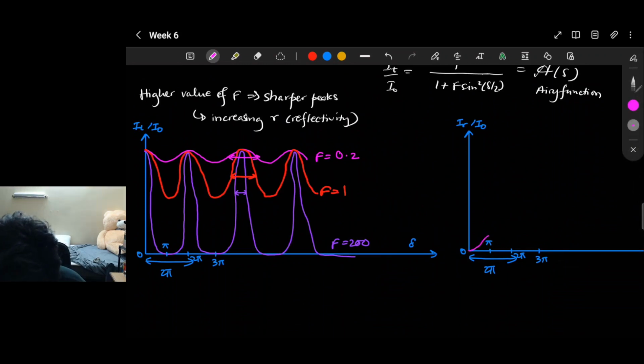This would be the opposite of the transmitted part. This is f equals 0.2.